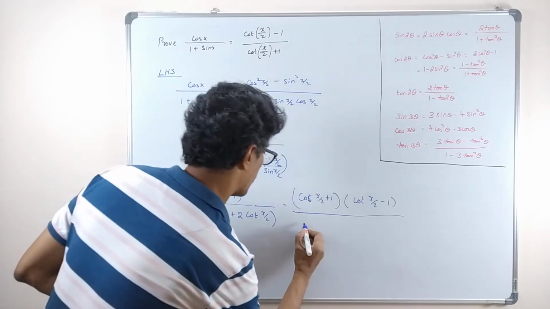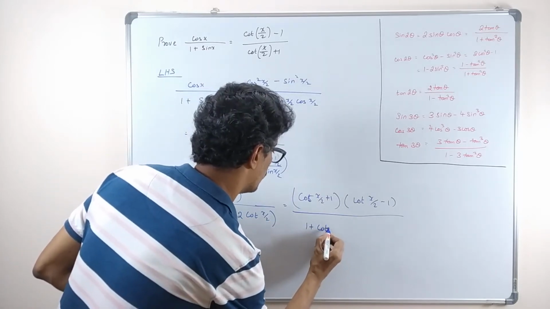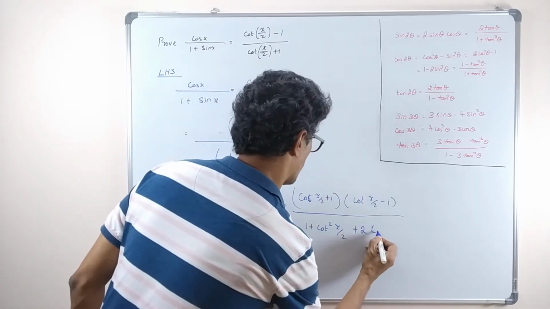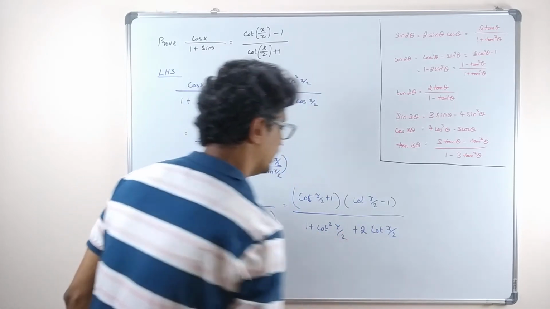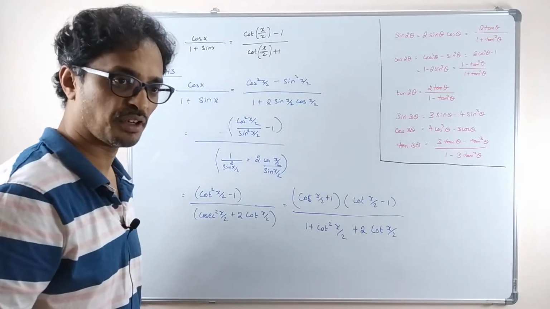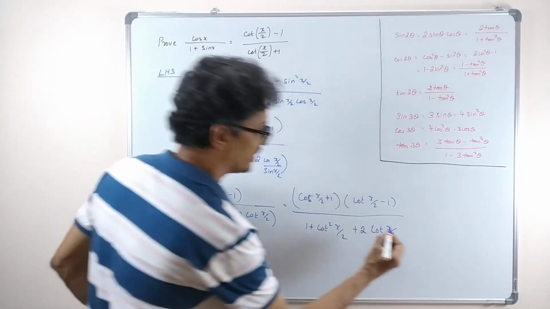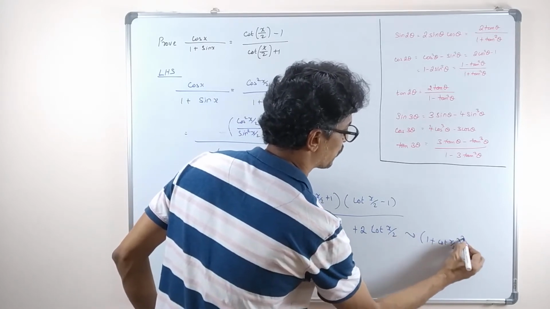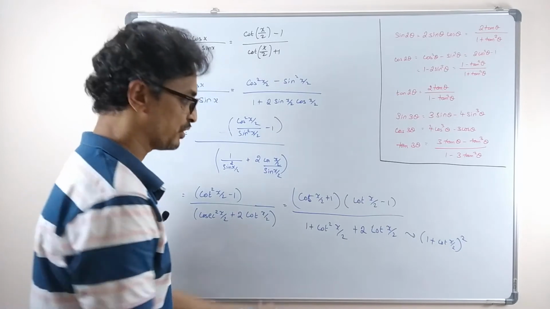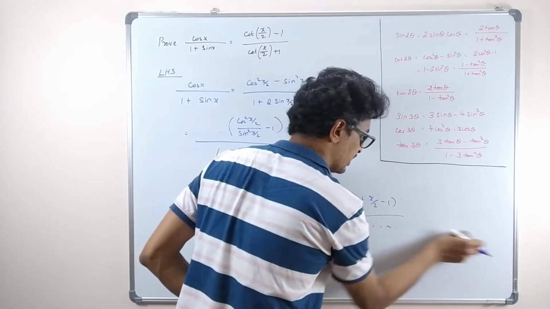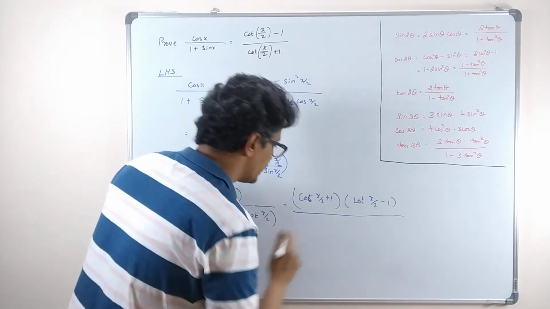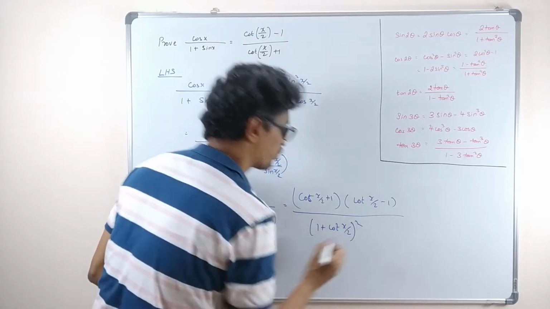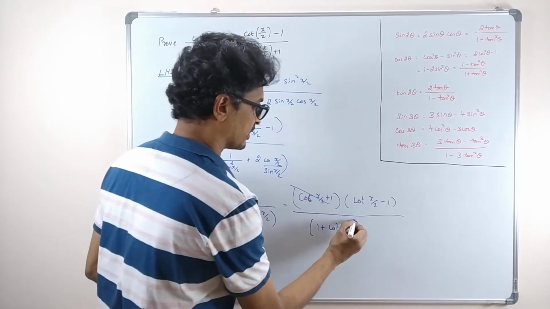So this will become 1 plus cot square x by 2 plus 2 times cot x by 2. This is nothing but 1 plus cot x by 2 whole square formula. Am I right? So we can write this as 1 plus cot x by 2 whole square. So this gets cancelled off.